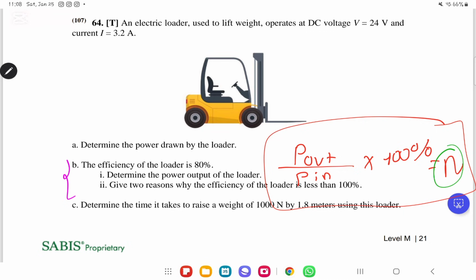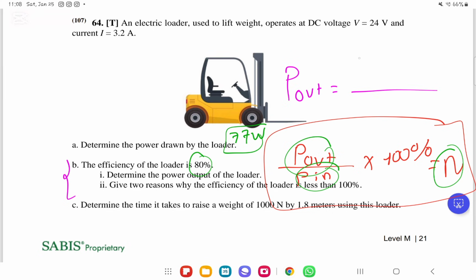We have our efficiency. We have the power in, which was 77 watts. All we need to find is the power out. So to make the power out the subject of the equation, it is power in times the efficiency divided by 100%. So we have the power in, 77, times the efficiency, which is 80%.